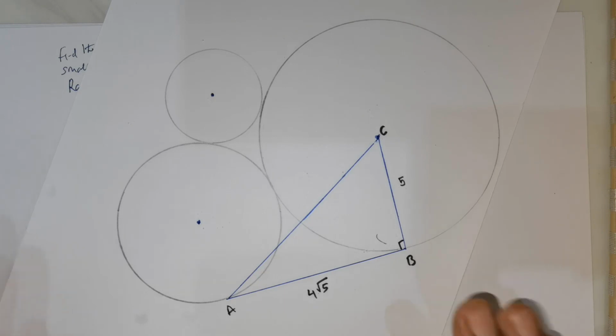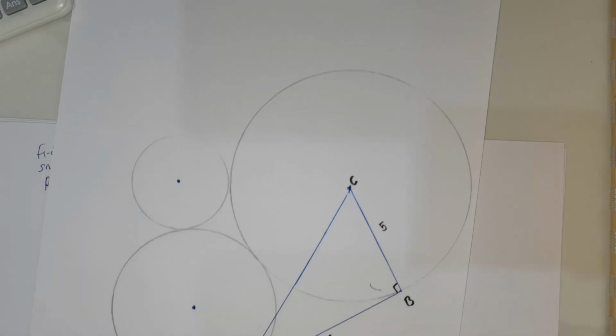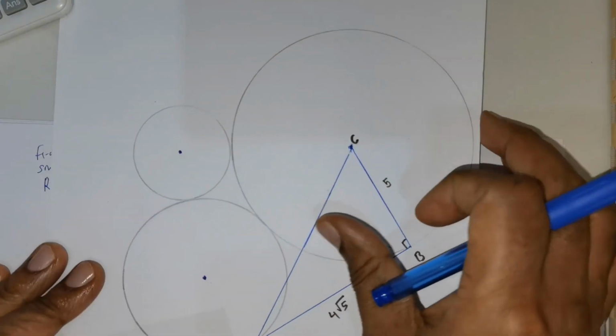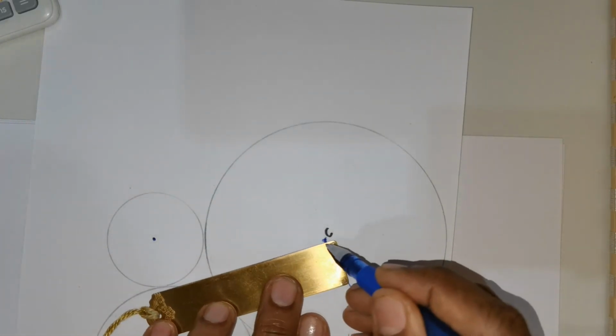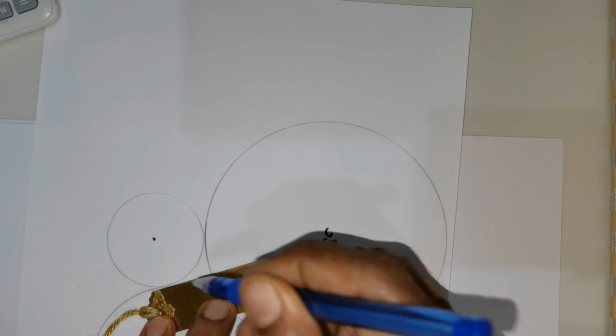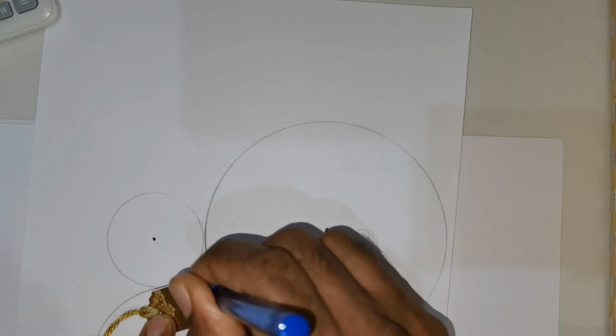So I would like to approach this in a different way. I would like to drop a tangent from the center to the point of contact of these two circles.